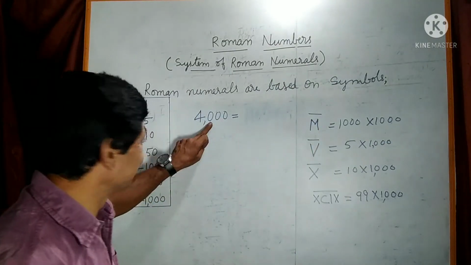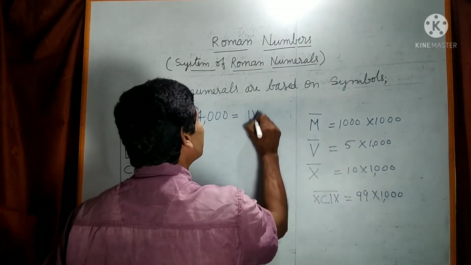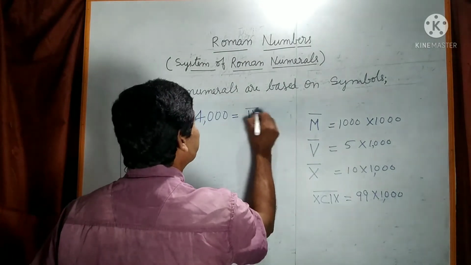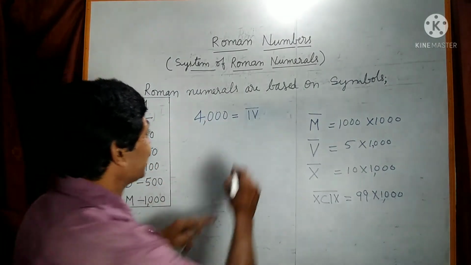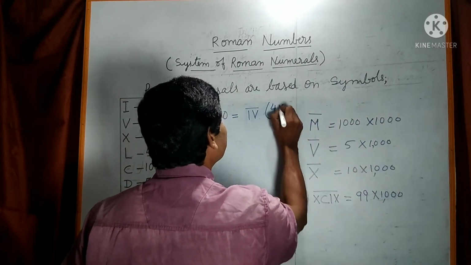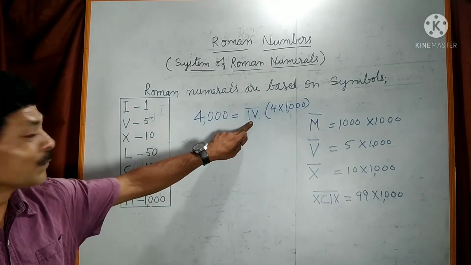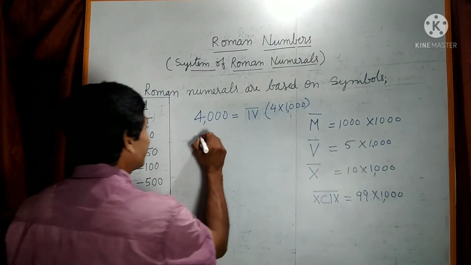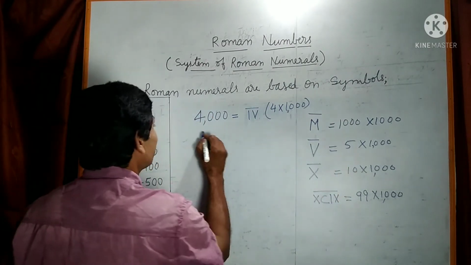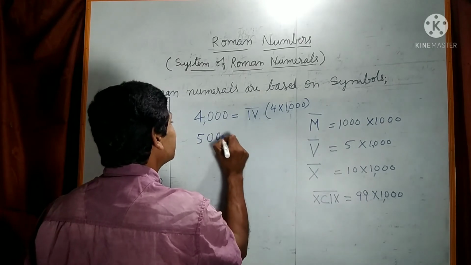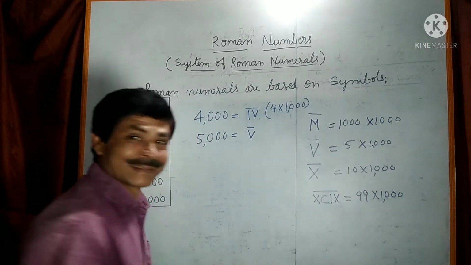So how will we write 4000? We will write 4 and write a bar on it. This is 4 into 1000, 4000. How will we write 5000? We already wrote 5 here. 5000 is equal to a bar on 5.